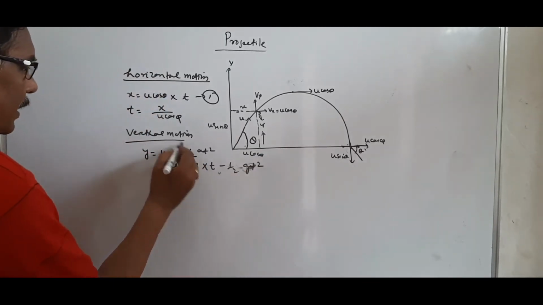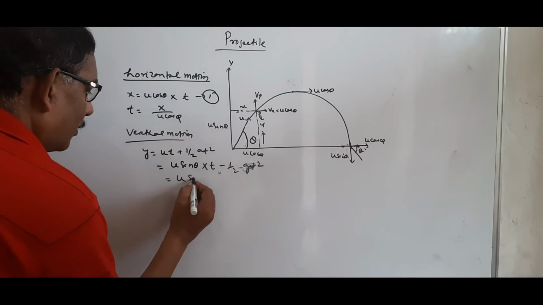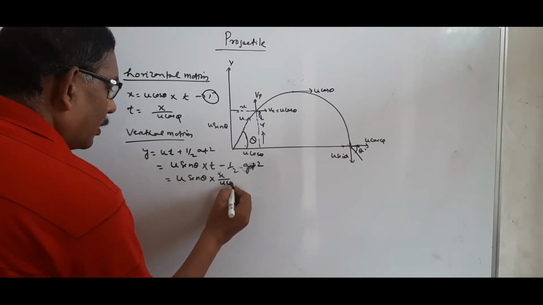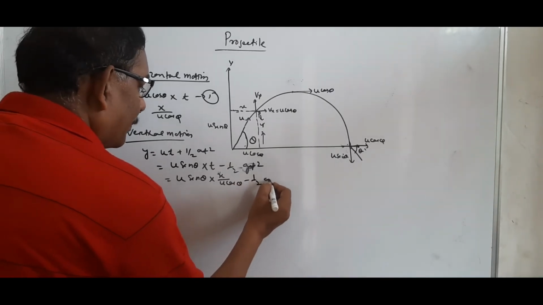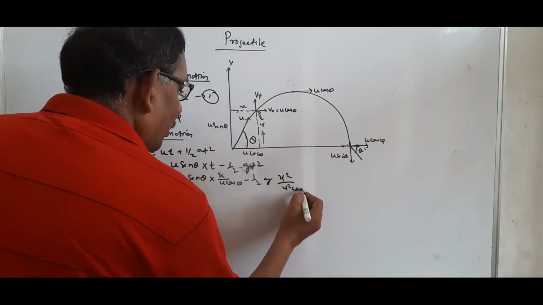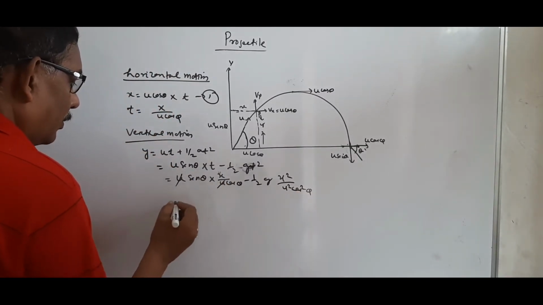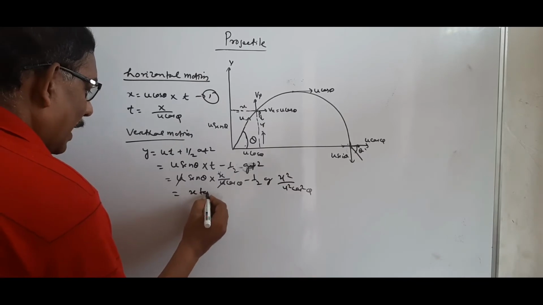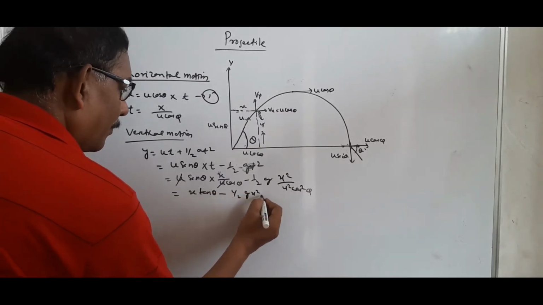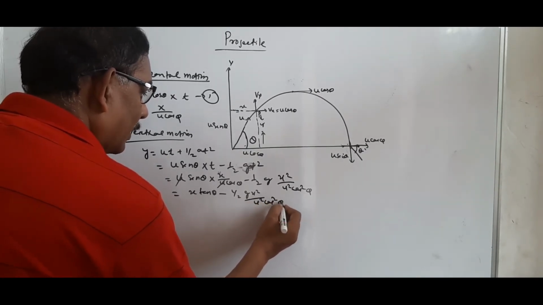Now put the value of t here. T is x by u cos theta. So y equals u sin theta times x by u cos theta, minus half g times x square by u square cos square theta. Cancelling u, it is x tan theta minus half g x square by u square cos square theta.